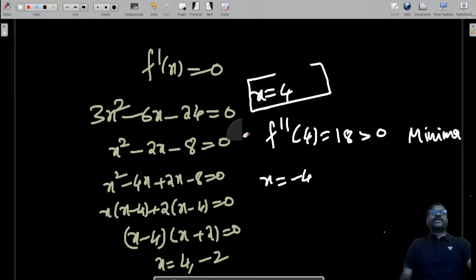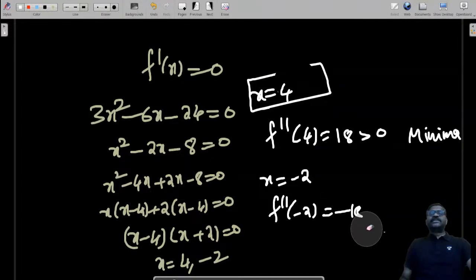At x equal to minus 2, f double dash of minus 2 is minus 12 minus 6, minus 18, negative, maxima.